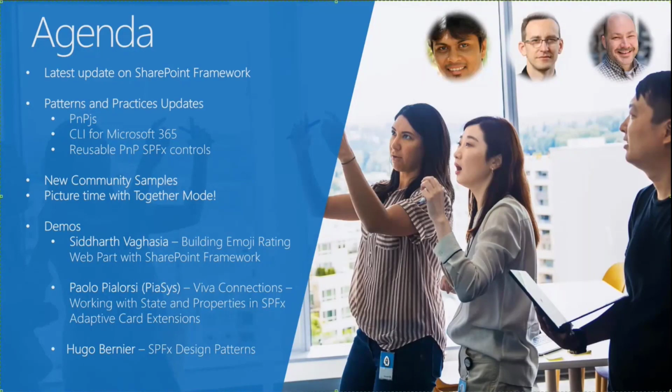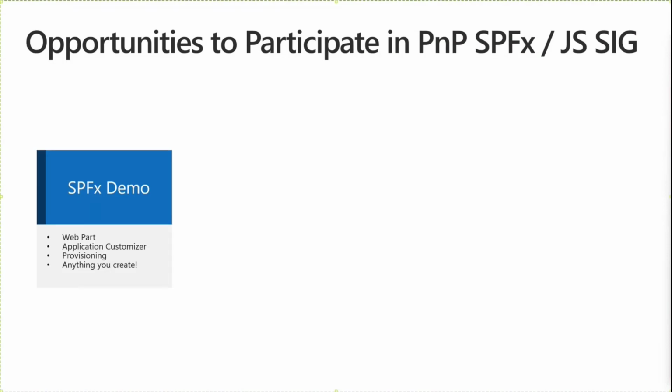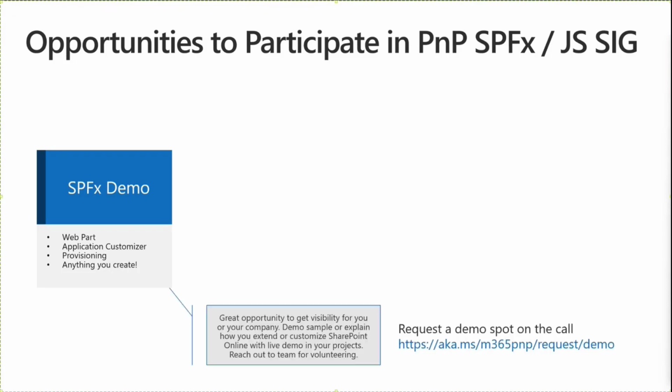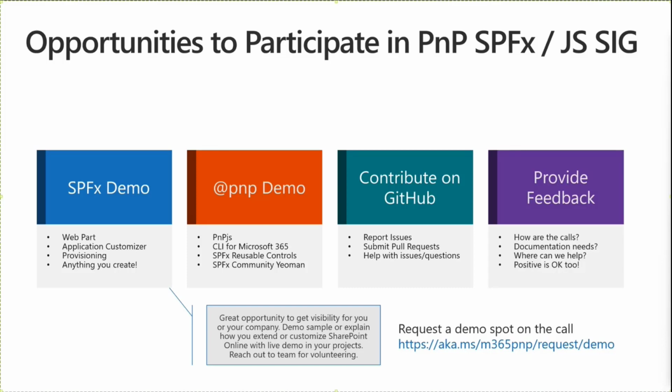Now, a quick recap on some of the slides which we are always repeating in here. Fair feedback from Julie as well. We talked about this one before we started. But there are multiple ways of getting involved in our community. And the key point here is that please let us know how we can improve the community. First of all, if you want to do a demo, let us know, reach out. You can use the form. We actually reached out today to all of the people who have submitted a request to do a demo on that form.